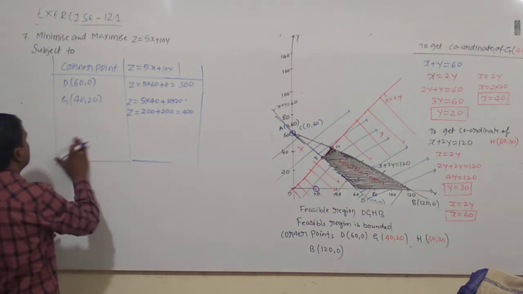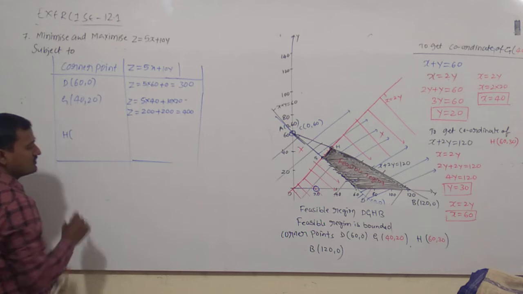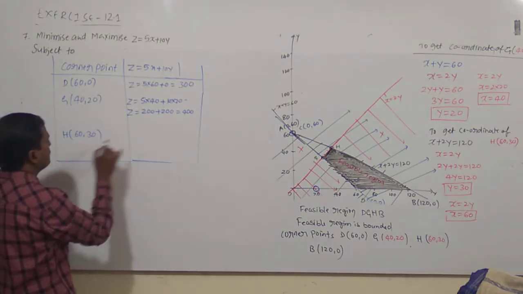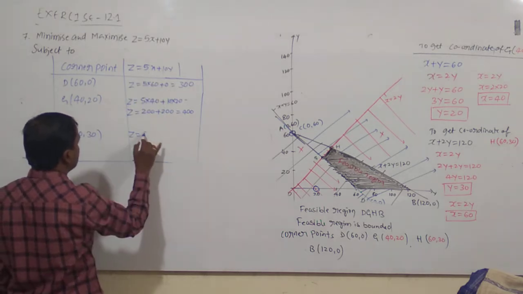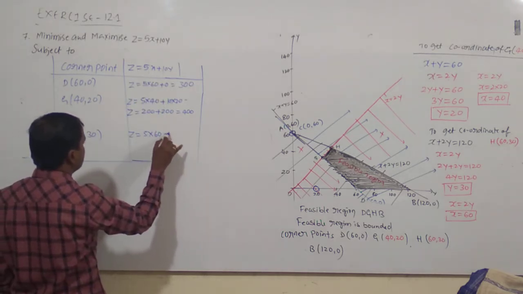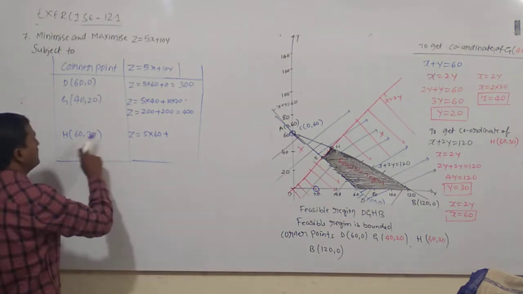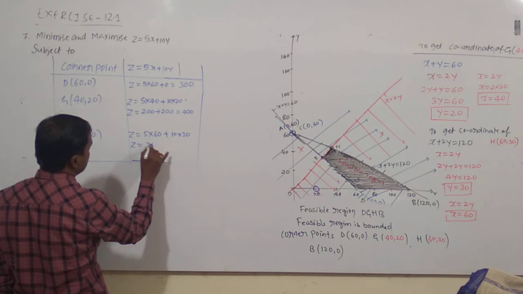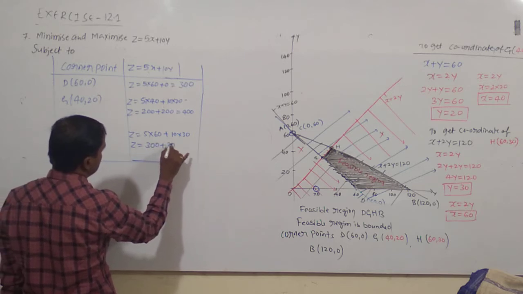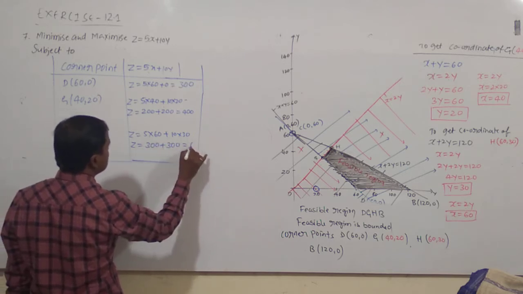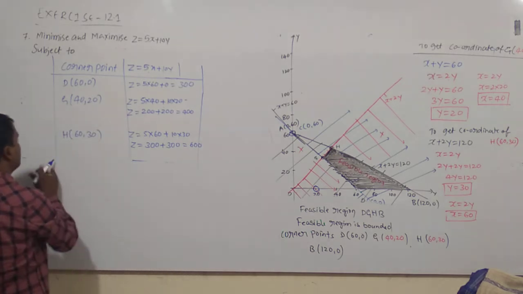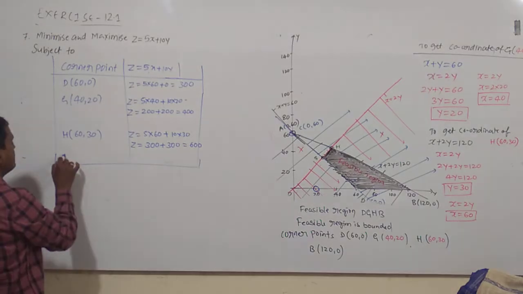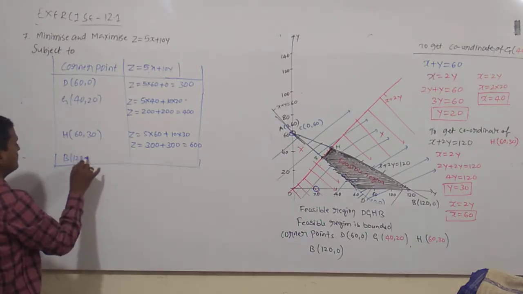Okay, next the other one, the coordinate of h is 60, 30. z is equal to, substitute in this, 5 into 60 plus 10 into 30. So clearly z is equal to 300 plus 300. So clearly it is 600. Okay, right. Next, one more point, that is b of 120, 0.